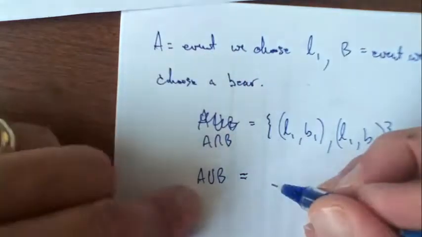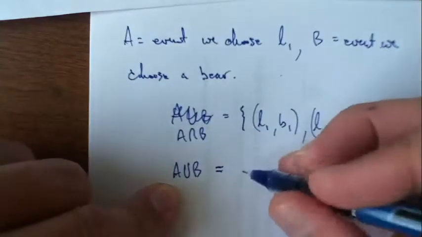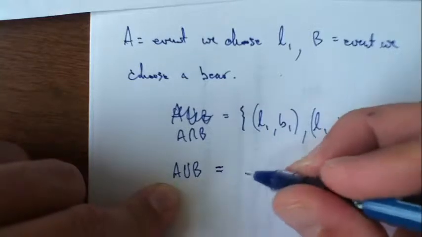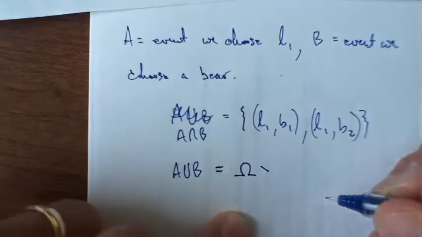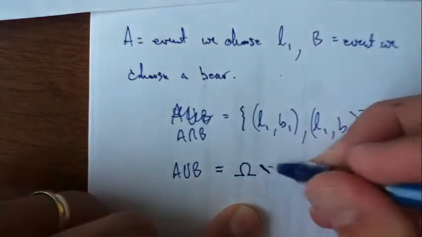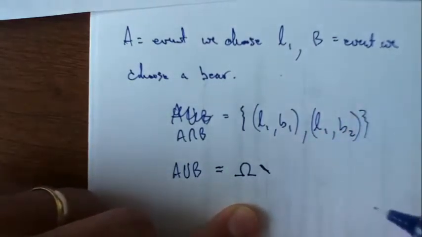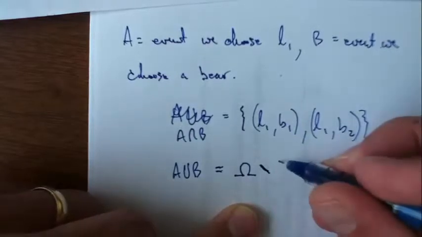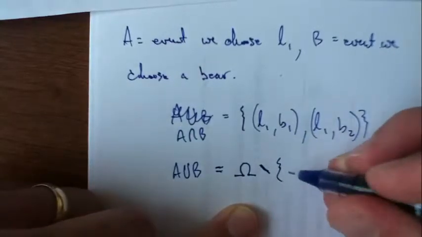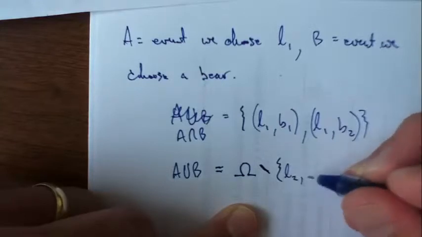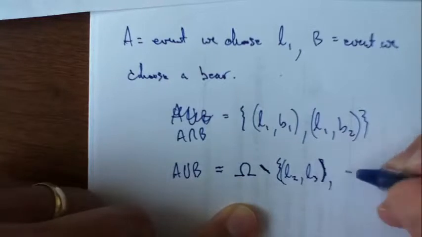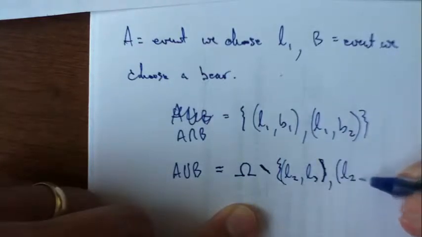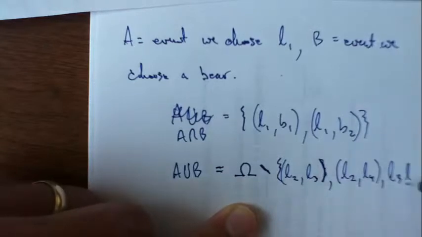So A union B, I could write as the set omega, not, this is the set minus symbol, like a minus sign upended sort of, not L2, L3, L2, L4, L3, L4.